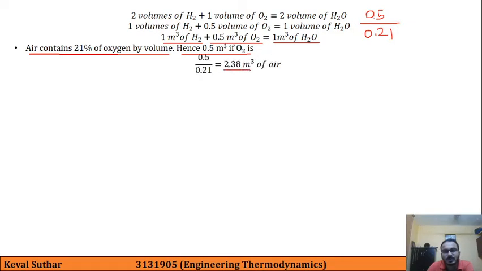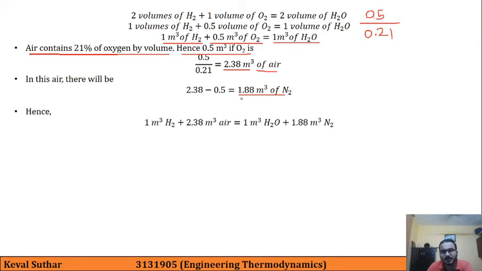So here we are getting 2.38 meter cube of air. In this air 0.5 is already oxygen, so the remaining part will be nitrogen. Here also we are assuming that the air is made up of only two constituents, that is oxygen and nitrogen. That's why if 0.5 meter cube is oxygen, then the remaining, that is 1.88 meter cube, is nitrogen.